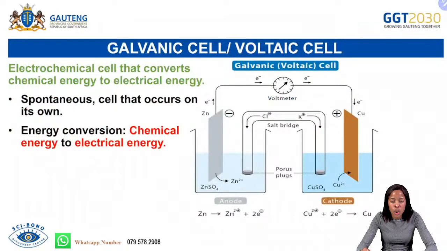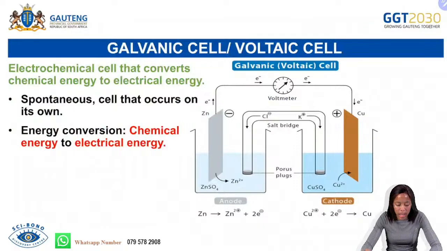Now we have what we call a galvanic cell or a voltaic cell, okay? If in the exam they ask you what type of cell this is, or they use the word voltaic cell, keep in mind that voltaic simply means the same thing as a galvanic cell.